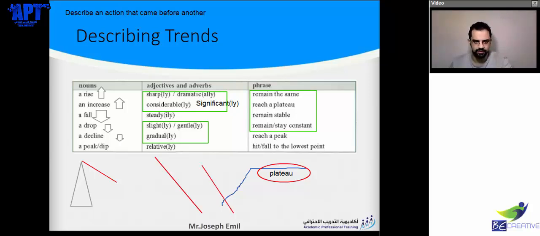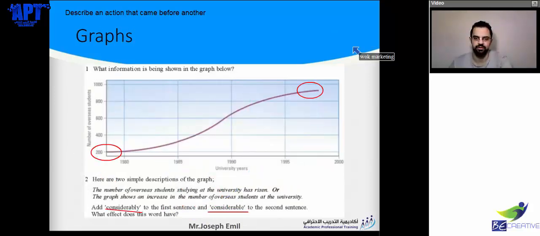Alright, this part here. This is the lowest point, or a trough. Some people like to call it that, but I think that's too scientific. Trough, okay, is the lowest point in there. Don't use it. Just say it reaches the lowest point in 1987 or something.